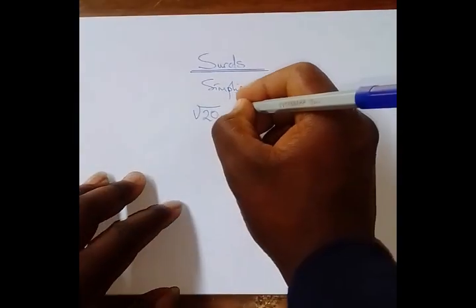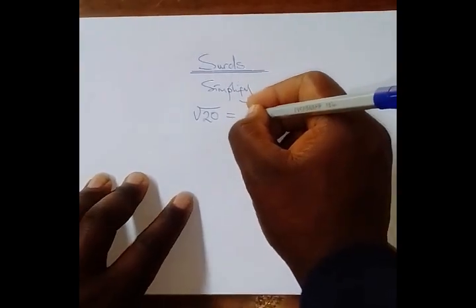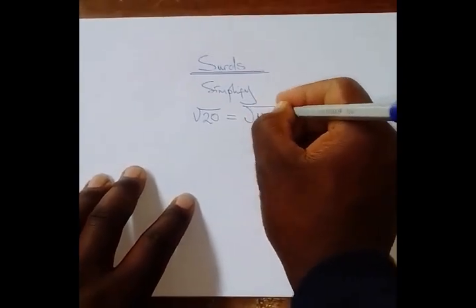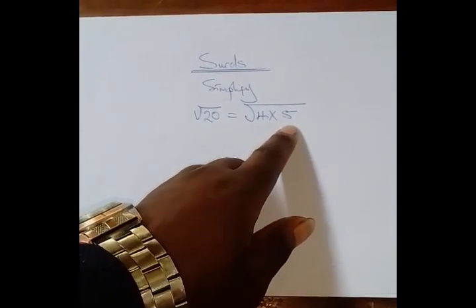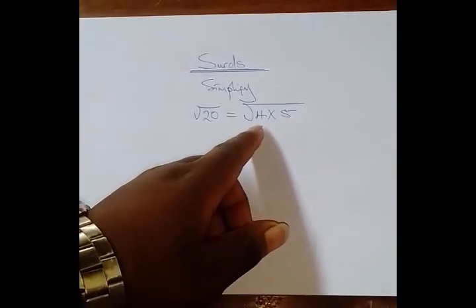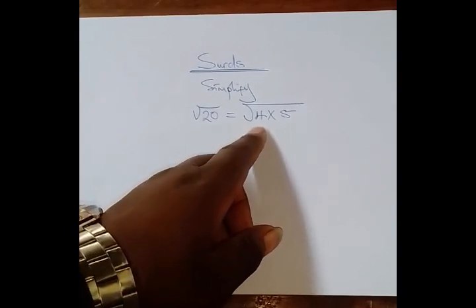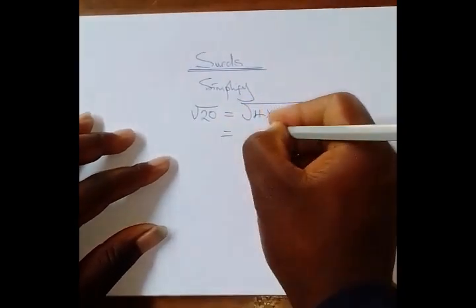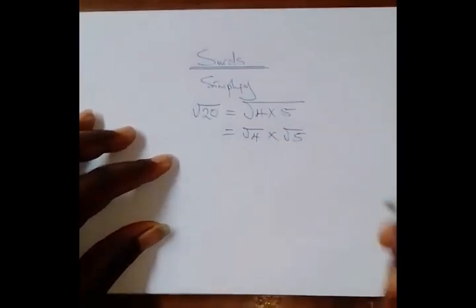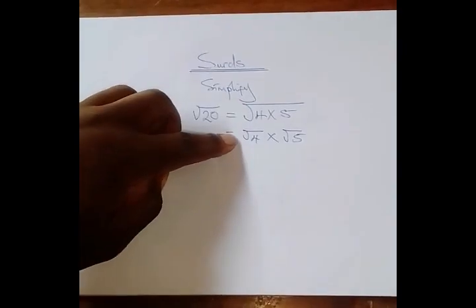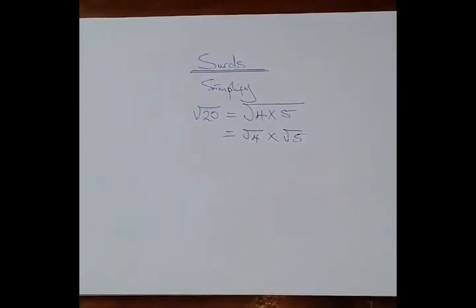So we are going to expand this one and it becomes the square root of 4 times 5. If you see this expansion, 4 times 5, the answer is 20. But now we need to expand it with a perfect square so that we can expand it to root of 4 times root of 5. This expansion and this expansion are the same, but we need to make it clear kuti zvinozobva kupi uye zvichizoenda kupi kusvika taisimplify kusvika yaenda pa its lowest term, right?